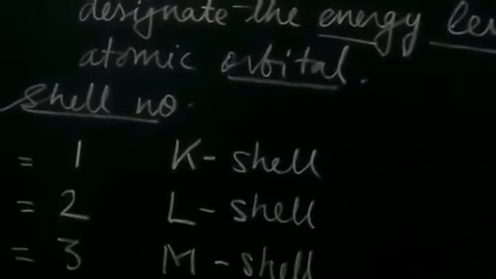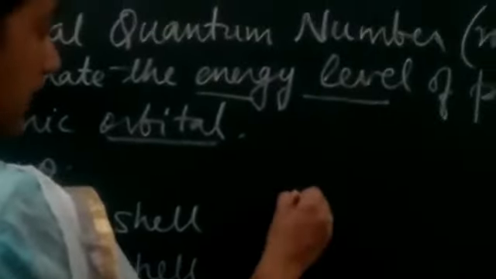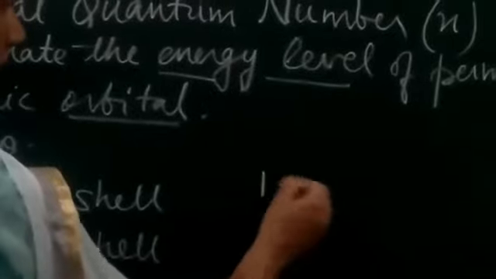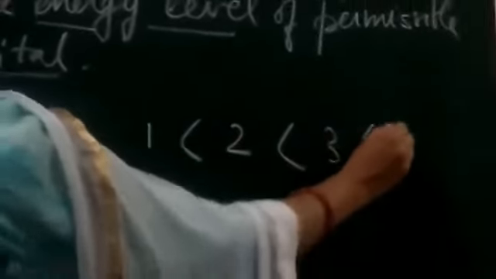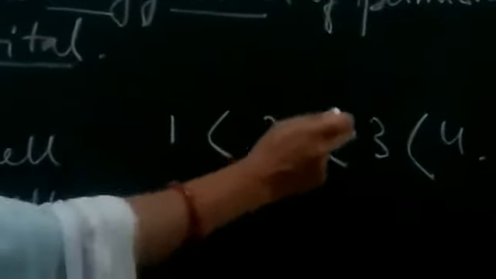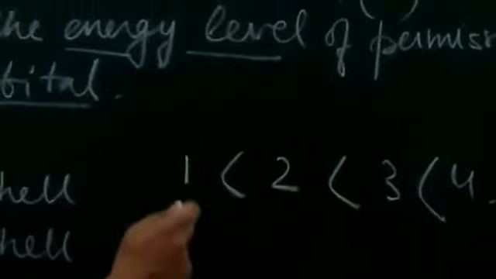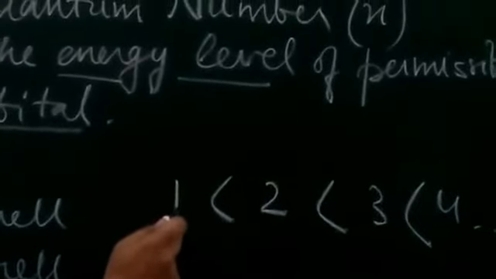N equals 4, N shell will be there. So as the shell number increases, n equals 1, then 2, 3, 4, and so on, they are denoting the principal quantum number, that is the energy level.